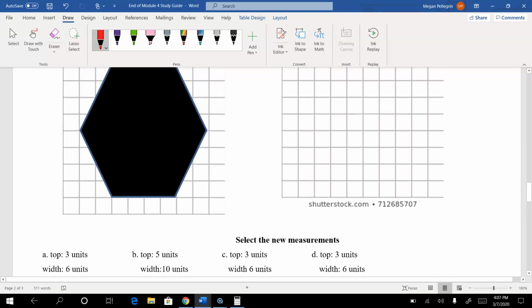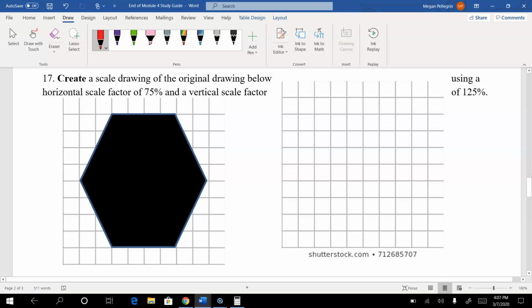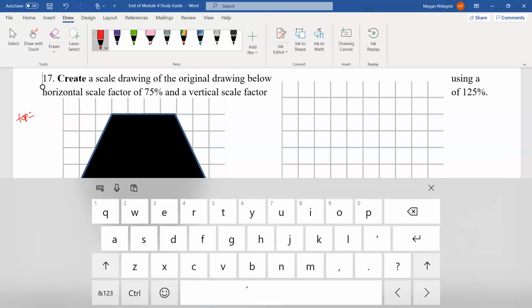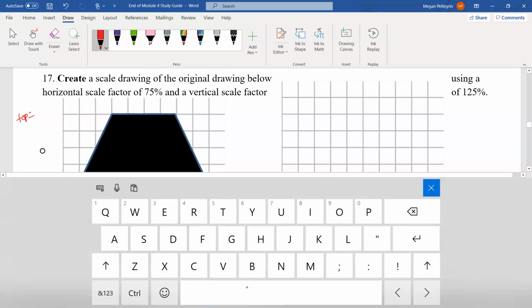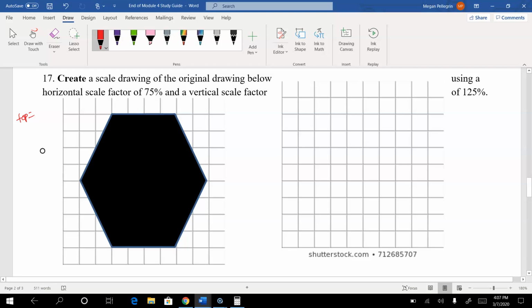So the top original is 1, 2, 3, 4. If I count that, 4.